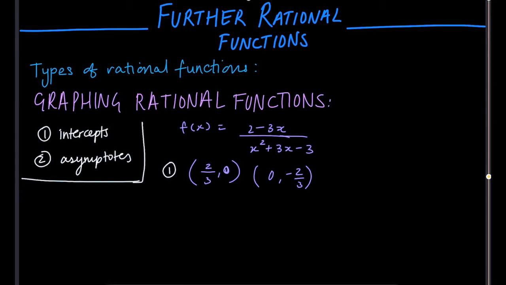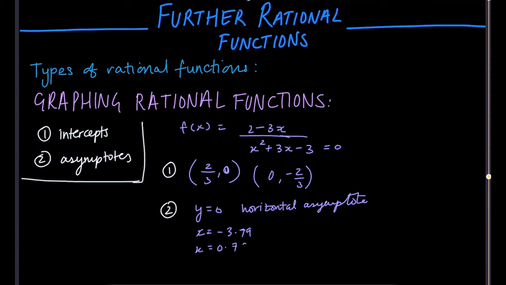So y equals 0 will be the horizontal asymptote. And our vertical asymptote is if we just set the denominator equal to 0, and we would get x is equal to -3.79 and x is equal to 0.79.